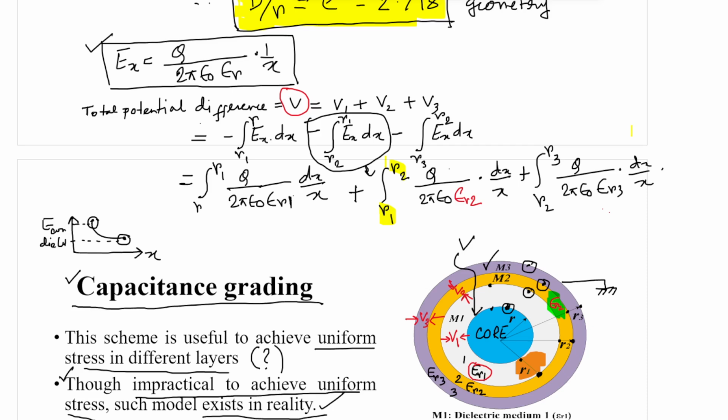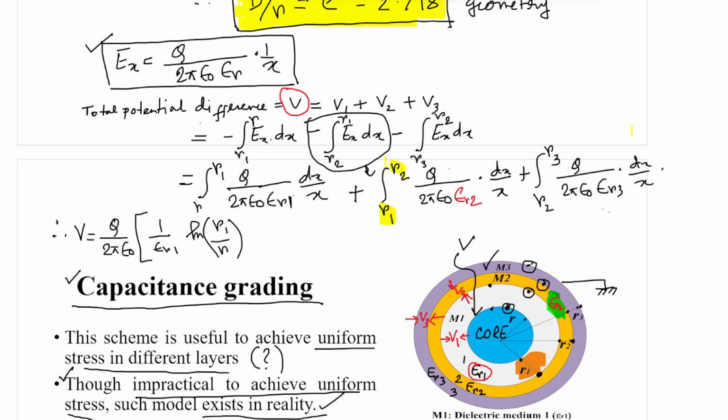So from this expression we can write V is equal to, now if you observe closely, everywhere you see Q by 2 pi epsilon 0. This is common. In the first expression it will be 1 by epsilon r1 ln r1 by r.